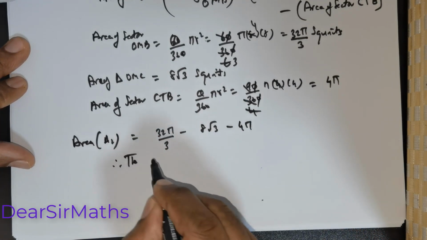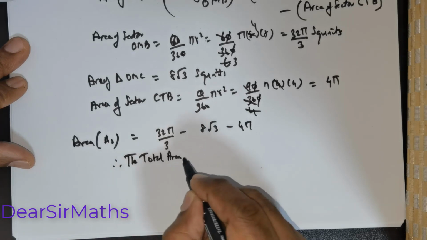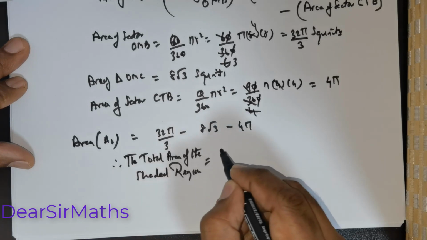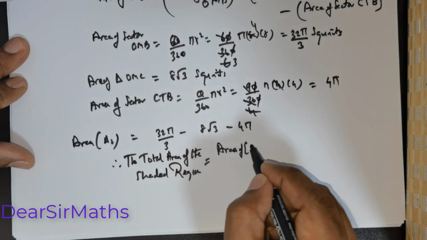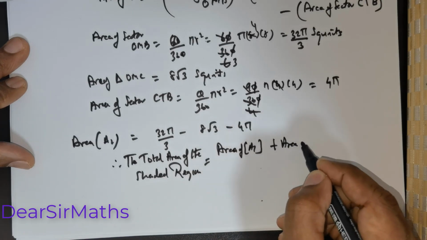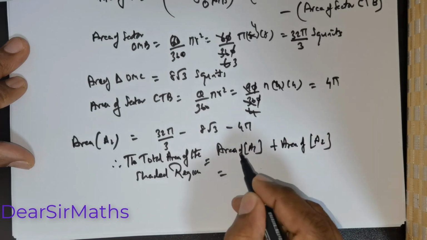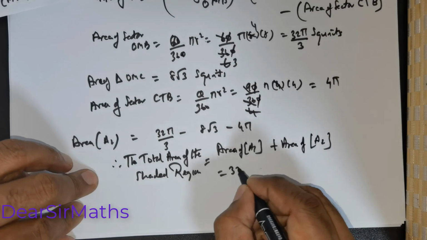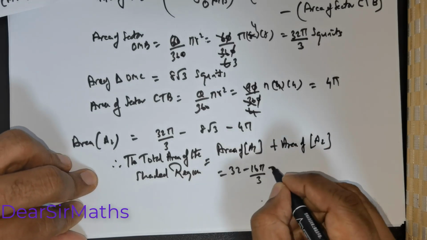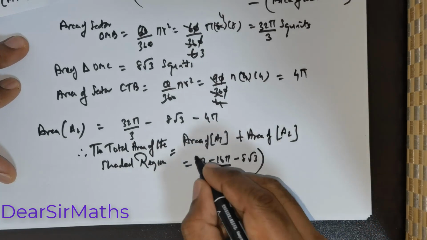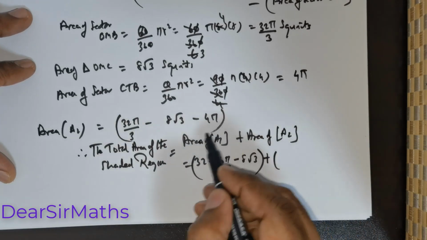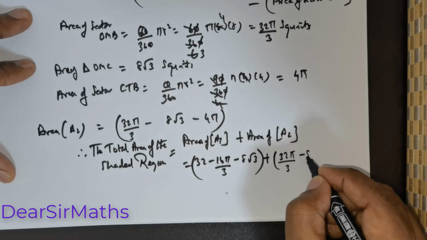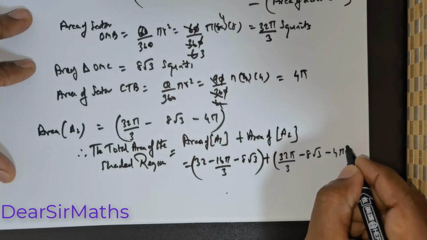So therefore the total area of the shaded region is equal to area of A1 added with area of A2. Now what is the area of A1? This is A1's area. Okay, write them down. 32 minus 16 pi over 3 minus 8 times root 3, added with, this is the second area, 32 pi divided by 3 minus 8 root 3 and minus 4 pi.